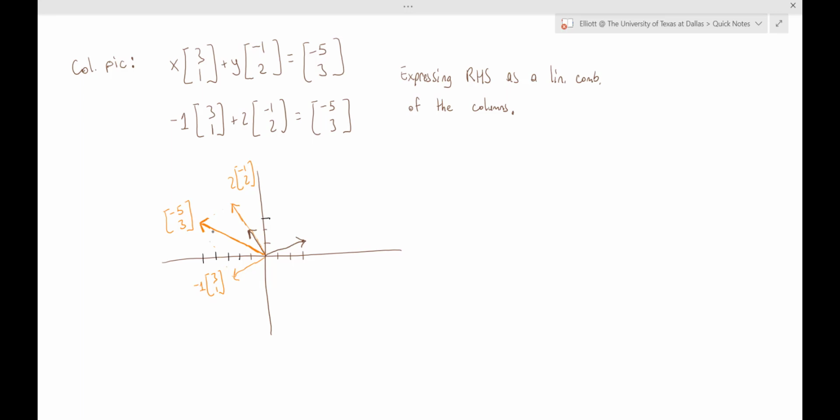Between the column picture and the row picture, I would say the column picture is maybe more important to keep in mind as you continue your studies in this class.